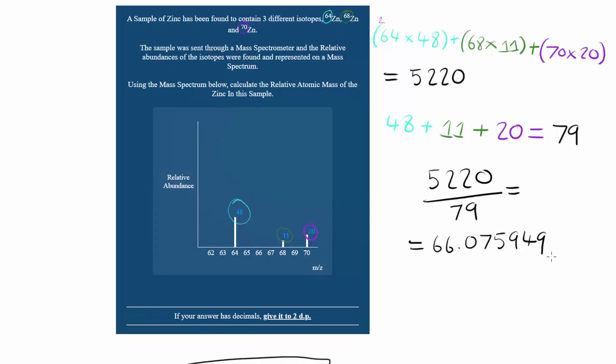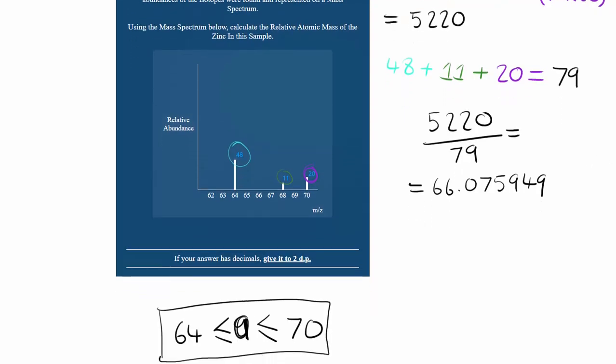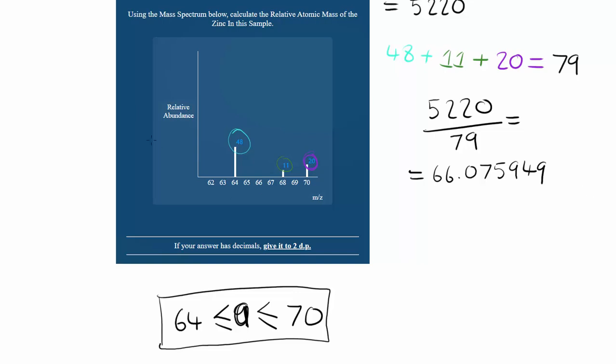So what did we get? We got 66.075949. Now the question is, does this conform to our value of A? Would this still be true if that was equal to A? Well, in this case the answer is yes, it would still be true. So that's just a visual inspection to error check along the way.